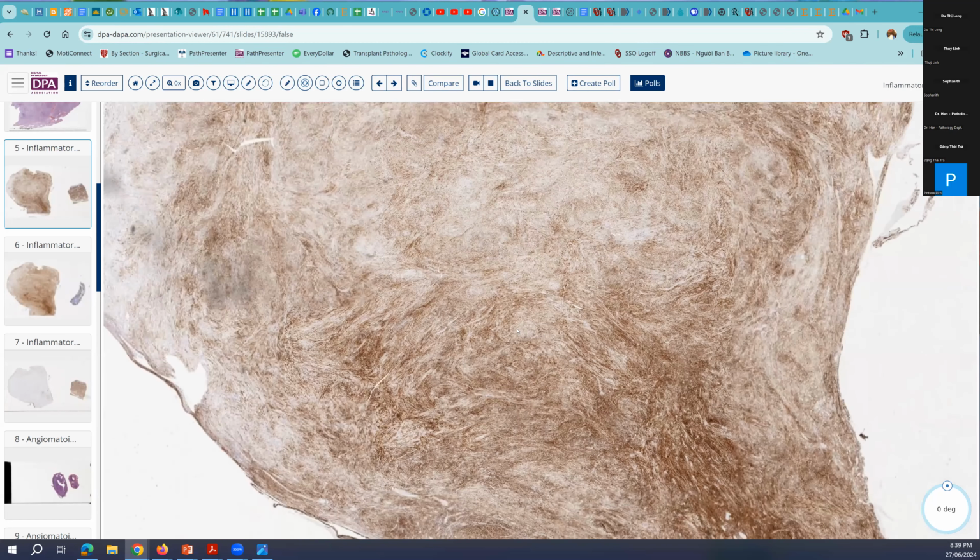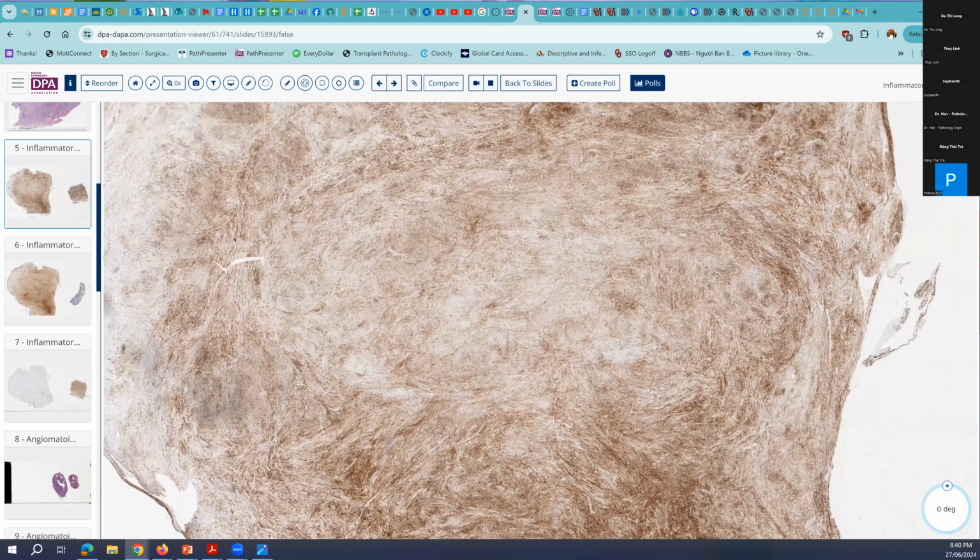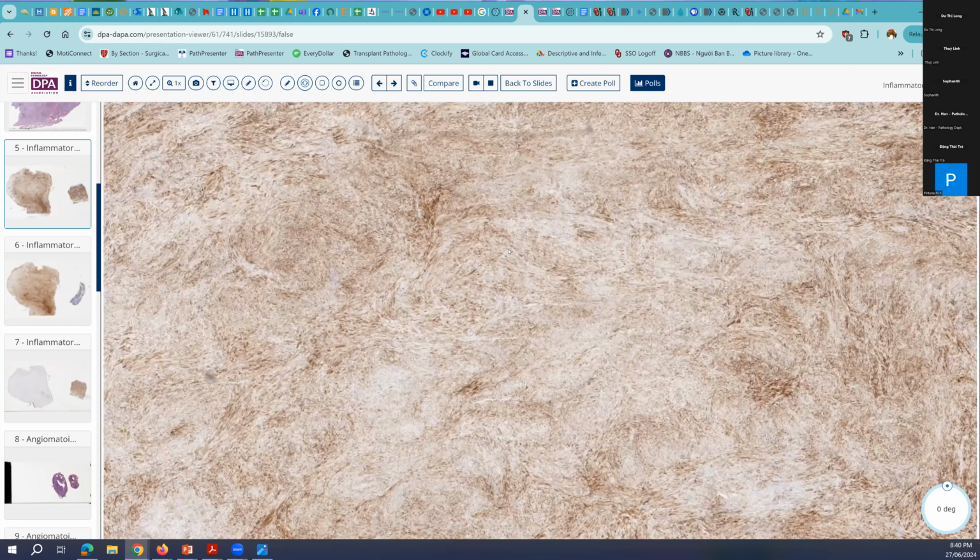Now, this is a tumor that is often, about half the time, related to ALK mutations, sometimes also ROS1 mutations and a variety of others. So doing ALK protein immunohistochemistry can be useful in this tumor as well.